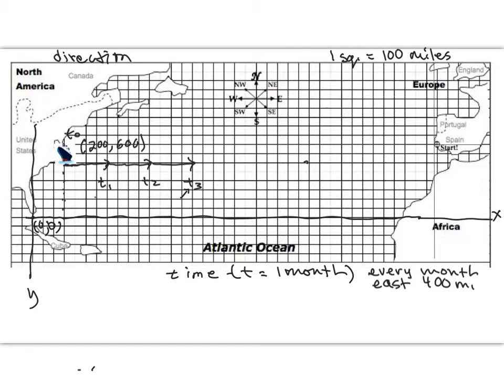If I wanted to describe any of my x values where I am, well, since I'm starting at 200 east of the origin, and I add 400 miles every month, that's my equation for where I am in regards to the x-axis.